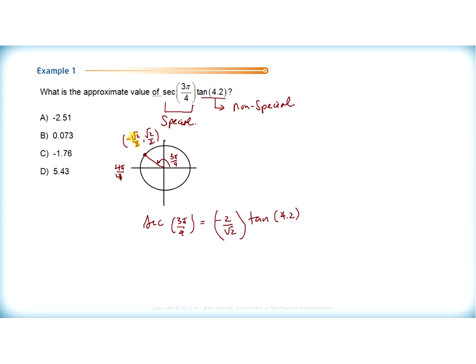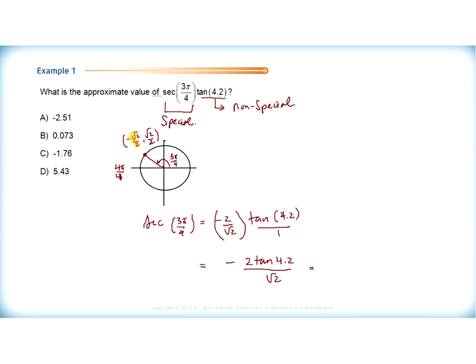So let's do that. That's going to give me, I suppose if we want to multiply numerator and numerator together, we can do that. Let's do that on the calculator. Negative 2 times the tan of 4.2. Now, we want to make sure the calculator's in radian mode first.